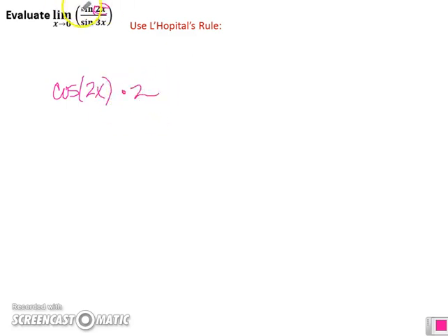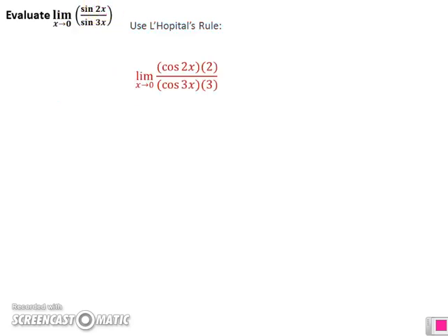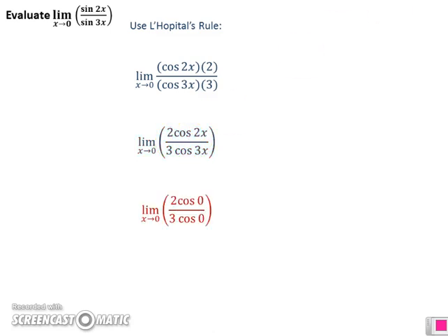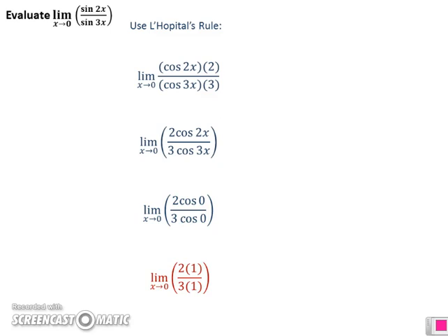So the top is going to be 2 cosine 2x. The bottom will be 3 cosine 3x. And now if you plug in 0, because we're dealing with cosine this time, you're going to end up with 2 times 1 and 3 times 1. Wow, so much better, really. All right, thank you.